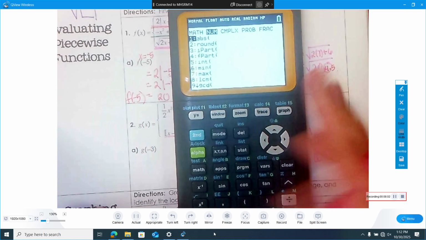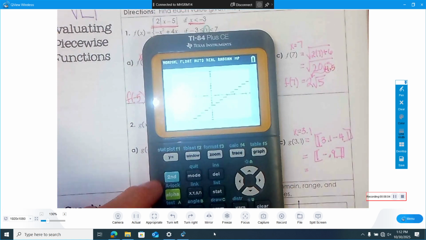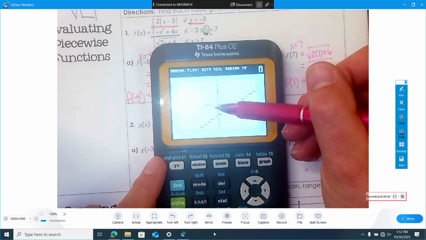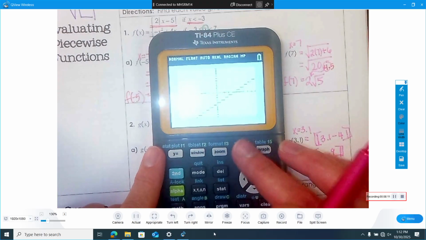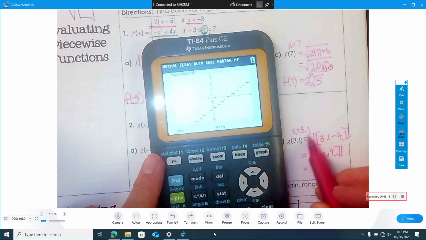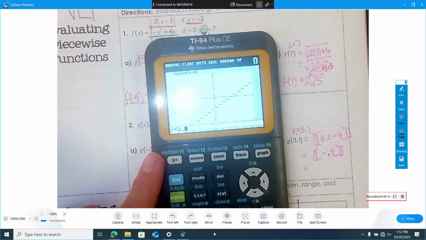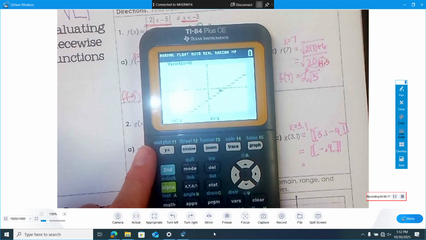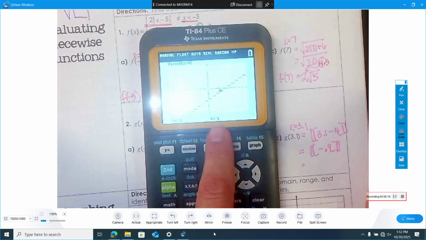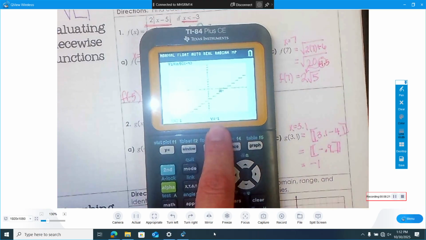Number 5. All right, so here's my greatest integer function, and if I plug in, I can use trace, and the number that we were plugging in for x was 3.1. So I'm just going to hit that there, and we see right here we get -1.